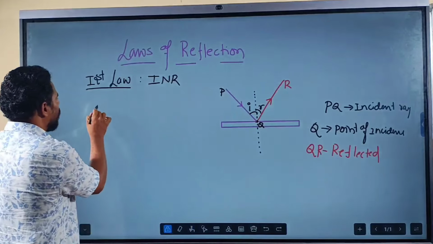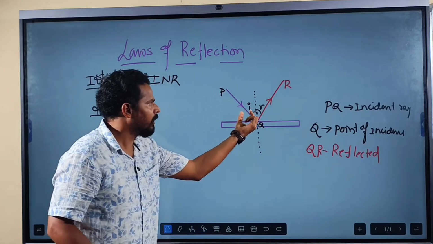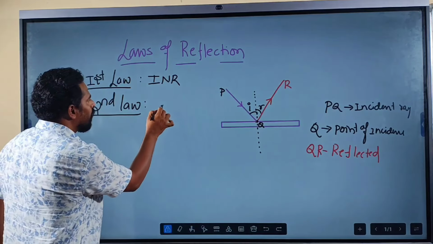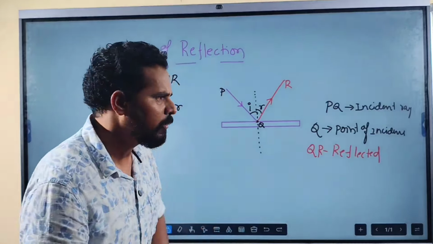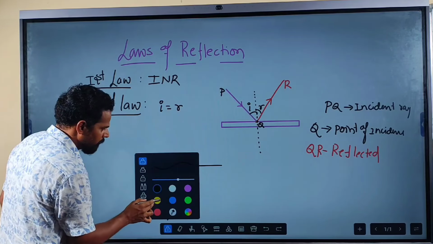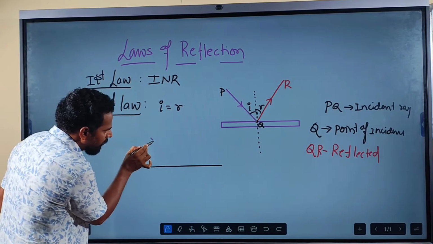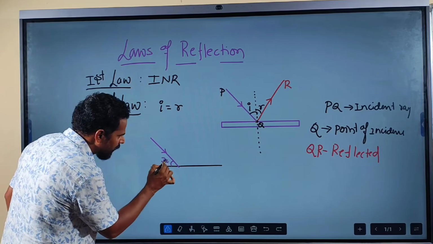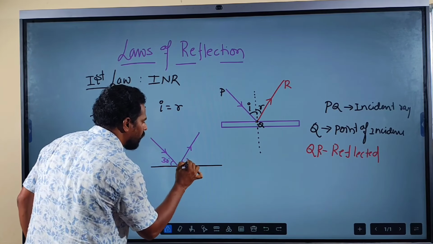Now the second law, very very important. The second law states that the angle of incidence is equal to the angle of reflection. Now look, consider this a plane mirror. When a ray of light is incident at an angle of 30 degrees, it gets reflected at what? 30 degrees only.